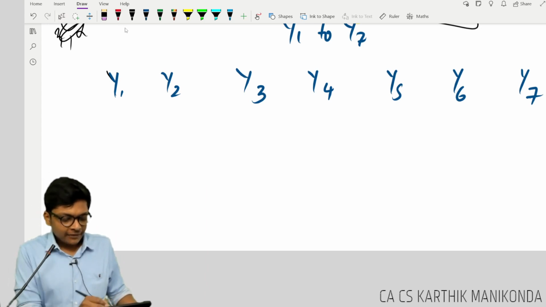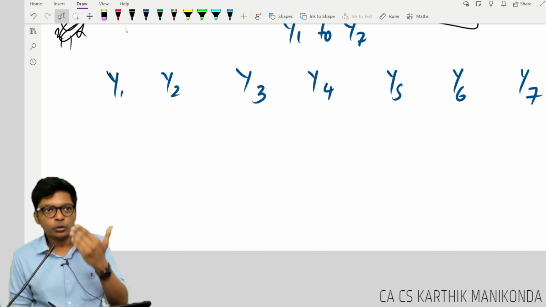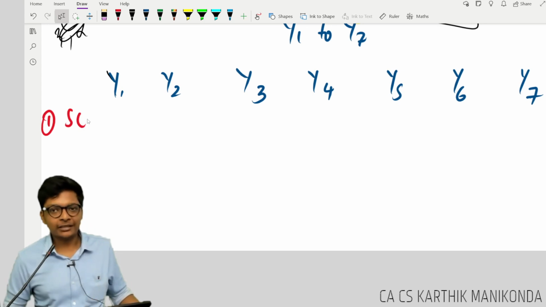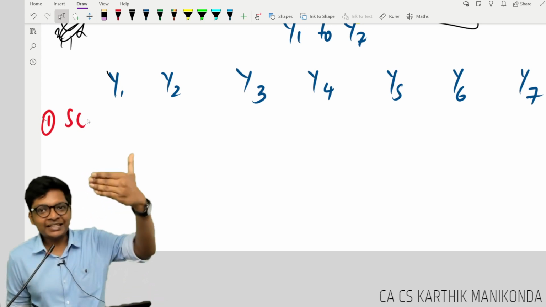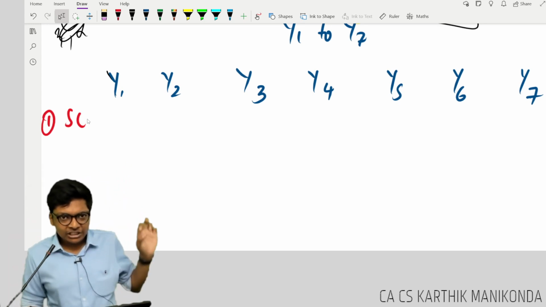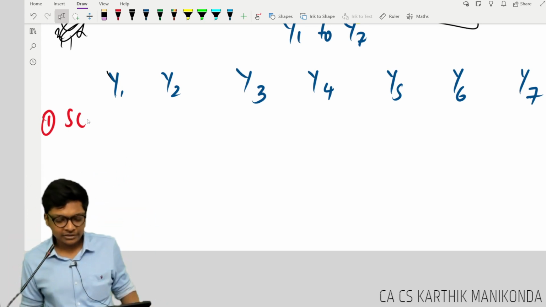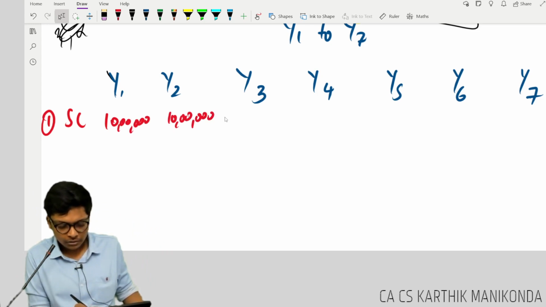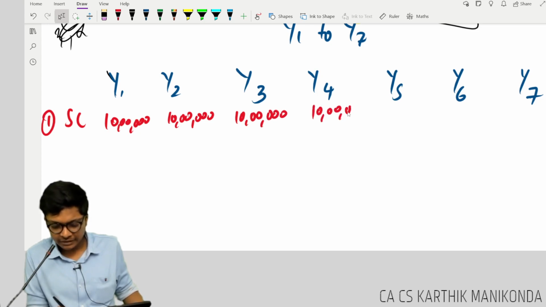I will do the initial 1-2 years. You will do the rest. First I am writing share capital. What is minority interest? Share capital plus reserves into 30%. So let me write share capital in all the 7 columns. I will write here 10 lakhs, 10 lakhs. In each of the years it will be the same.